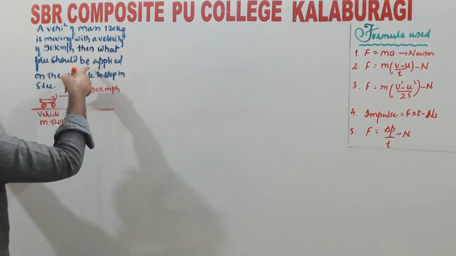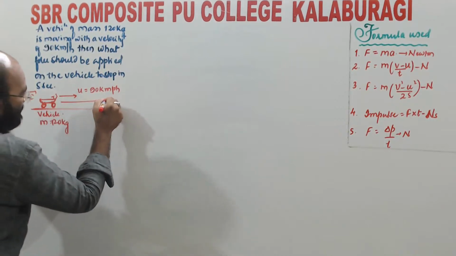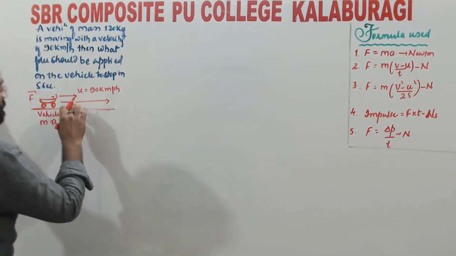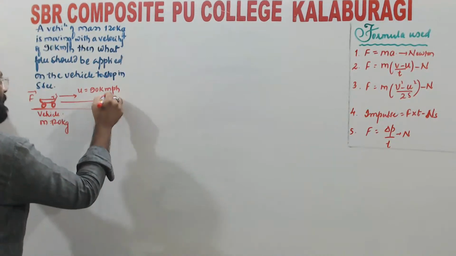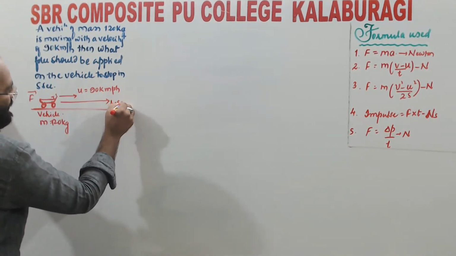Then what should be the force applied to stop this moving vehicle or the moving bike? That force we have to calculate. The time taken to stop this vehicle is t equals 5 seconds.